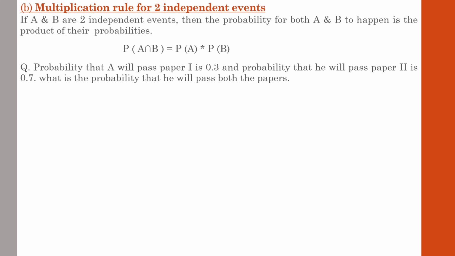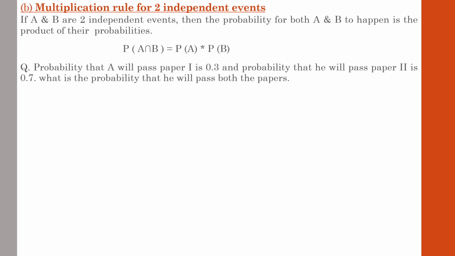So it is not a mutually exclusive situation, because anyway the results of paper 1 and 2 will come. That is, the occurrence of the result of paper 1 will not lead to withholding the result of paper 2. There is no such situation.